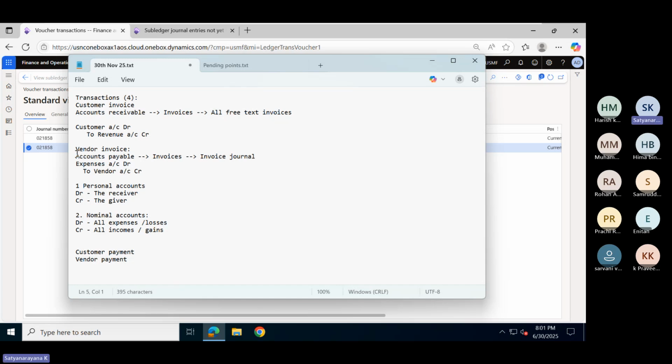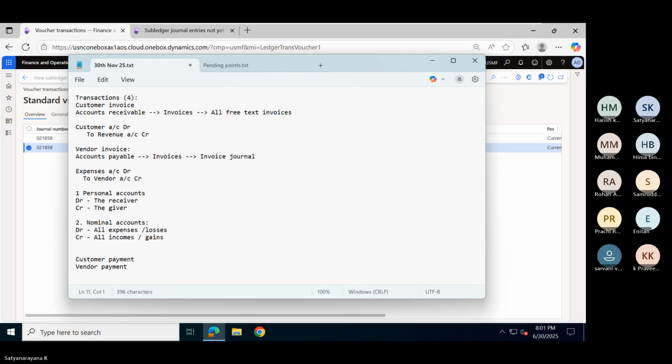At the time of vendor invoice, expenses account debit to vendor account credit. How can I remember? Debit the receiver, credit the giver. Debit all expenses, credit all incomes and gains. Simple rule. These two rules are applied in the vendor invoice.